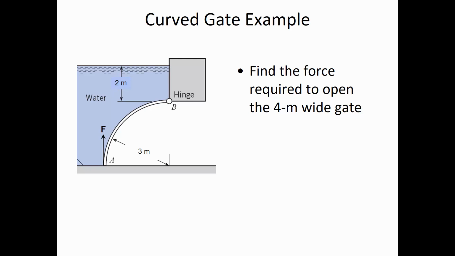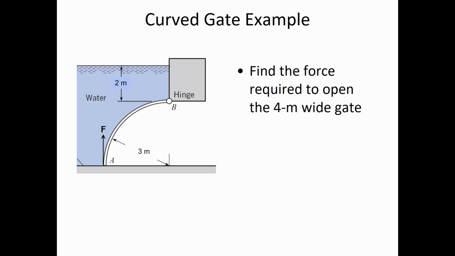What are the dimensions of the vertical projection? 4 meters wide, 3 meters tall. Perfect. This is the vertical projection, and we use that to calculate the hydrostatic forces that are in the horizontal.